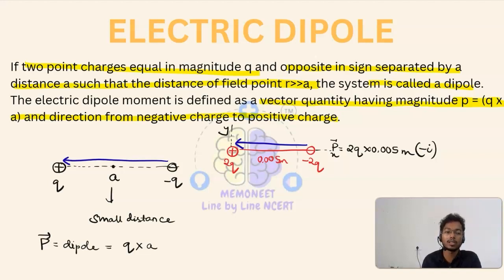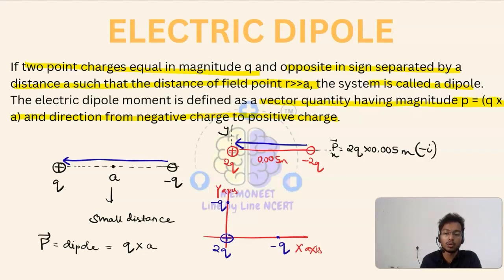Let's take another example. Here this is the y axis and this is the x axis, and we have three charges. Let's say this is 2q, and this is minus q, and this is also minus q.